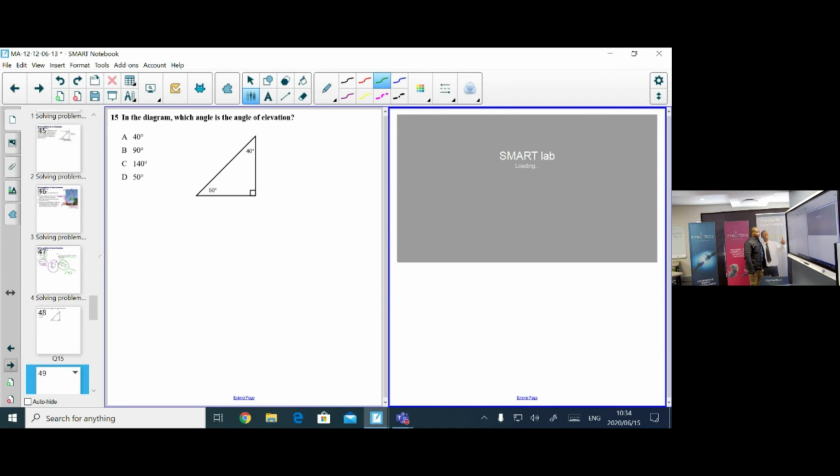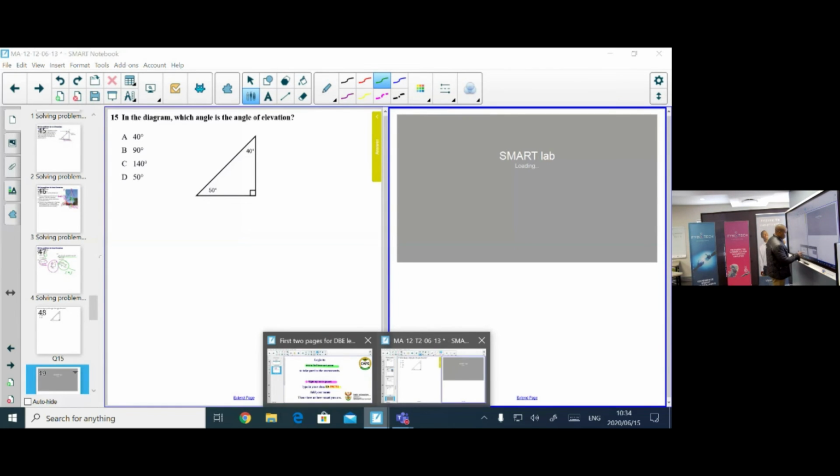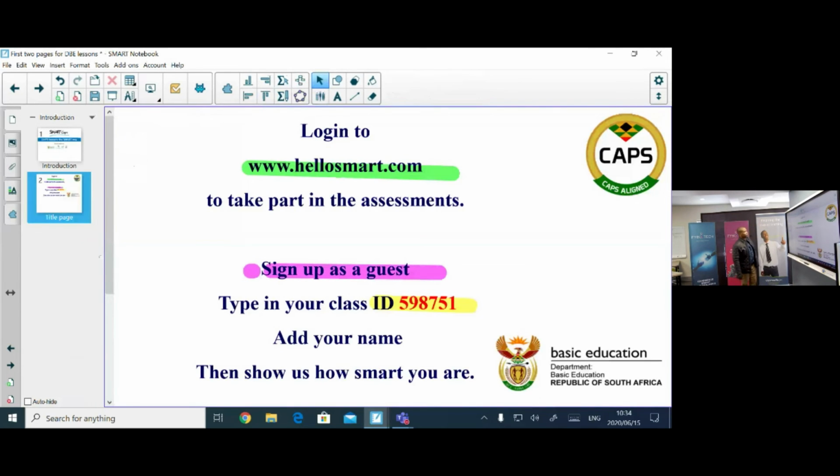So those people who are using gadgets, I want to flash that number again for you to remind yourself that you need to go to hellosmart.com, and then you sign up as a guest and you use the ID number 598751. Then you put your name as you join the session, and voila, you are already in the mix.